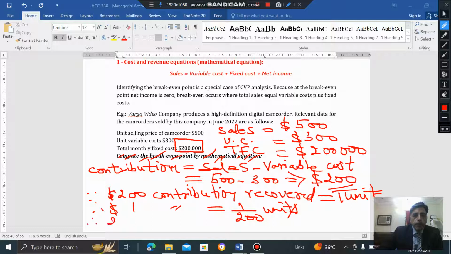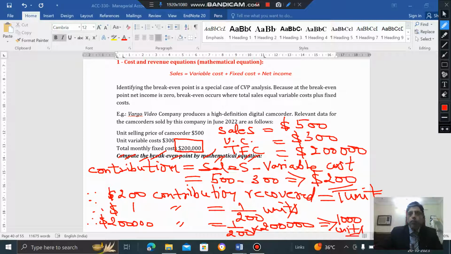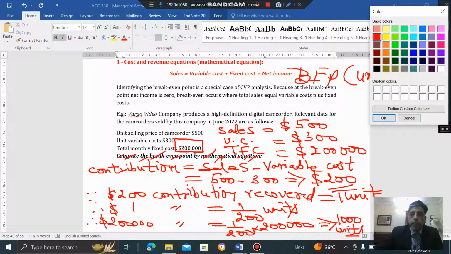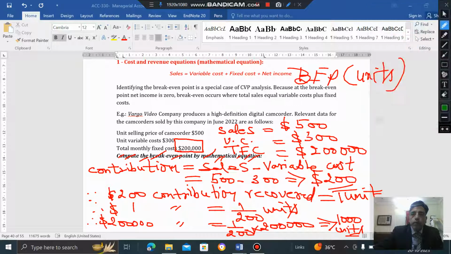So we will write here $200,000 contribution recovery will be 1 upon 200 into 200,000. So this will give you 1000 units. What exactly is this 1000 units? 1000 units is your break-even point in units. I'm marking it here again and emphasizing this is in terms of units. So the answer will be 1000 units.